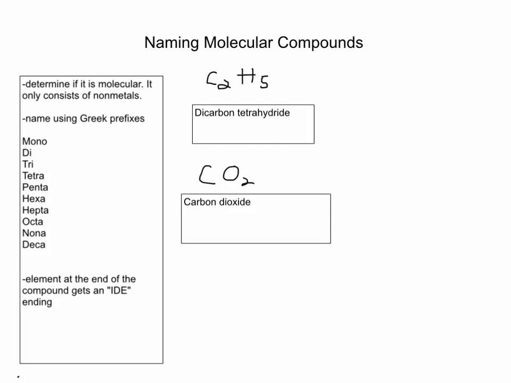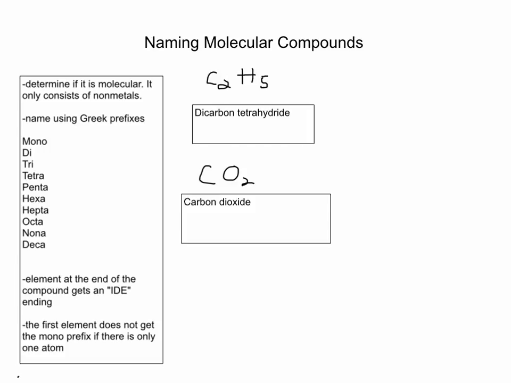So we have carbon dioxide as our second compound. So the first element does not get the mono prefix if there is only 1 atom.